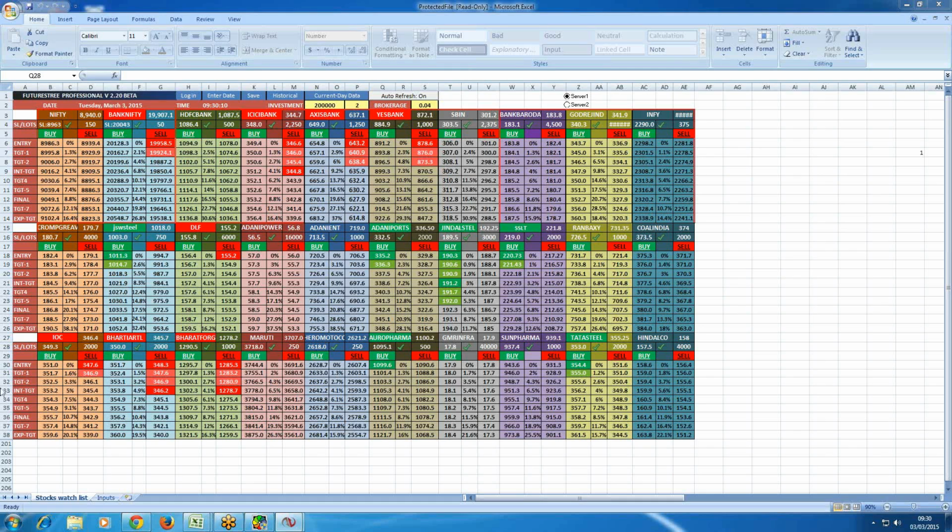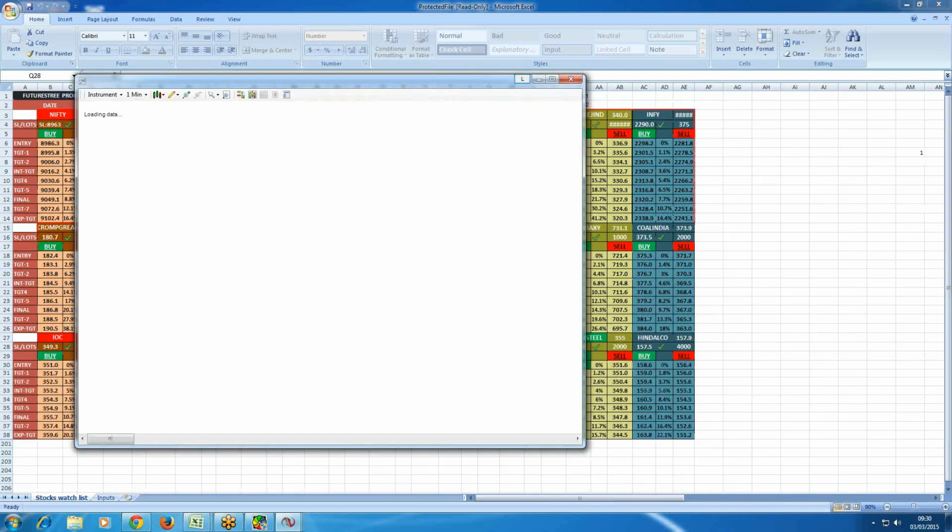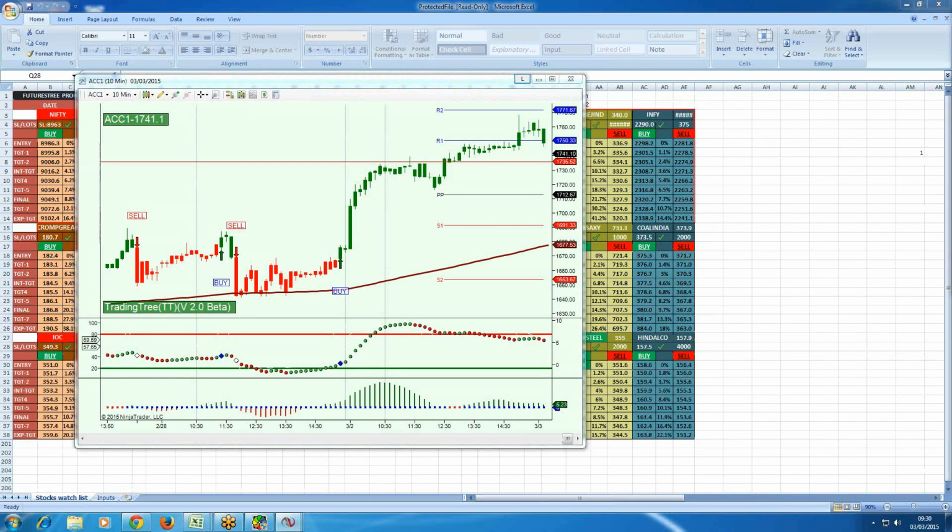So we have Bharti Airtel, it has already done its intermediate target. I'm just opening the charts. We know the entry prices for all the 30 scripts, but in case you don't know the trend in those particular 30 scripts, then this will help you.